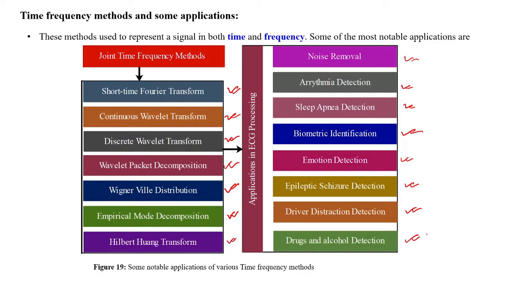Now you may ask me, why is there a need for joint time frequency methods, and what advantage do they give us over the other methods? When we talk about any signal in the time domain, this is x(t). In the time domain, we have information about amplitude and time.